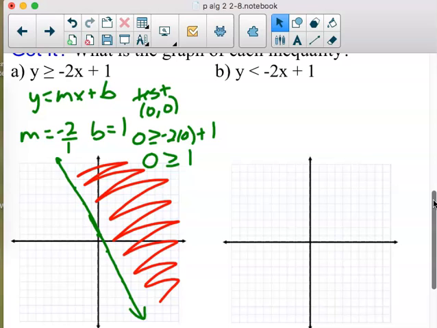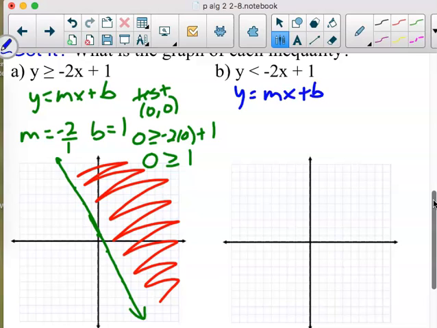Take a look at B. You like that one? What kind of form is that one in? Same thing. In fact, they did it again, didn't they? There's that negative 2 and that 1 again.